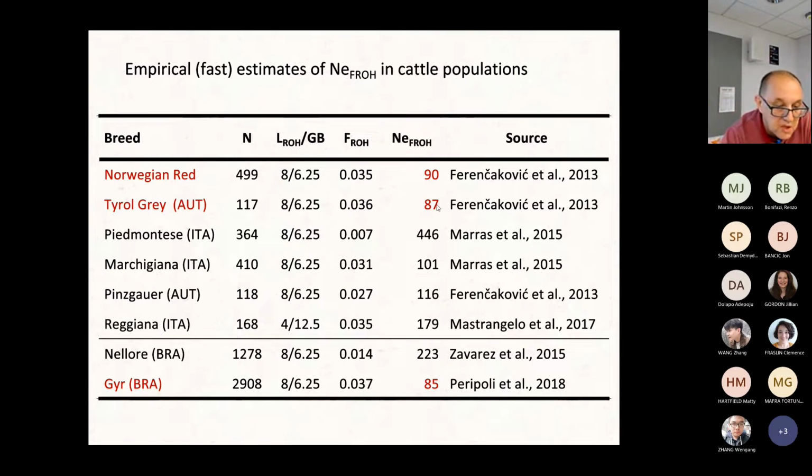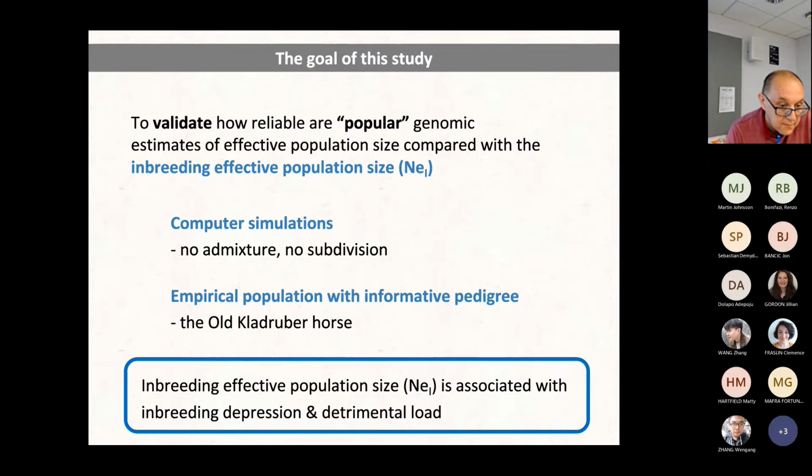Because small dairy populations would have smaller effective sizes, while those that are more meat-oriented would have bigger numbers, which is well known in cattle, because in dairy cattle artificial insemination is more intensive, the sex ratio and selection are also more intensive, and then we have much lower effective population sizes.